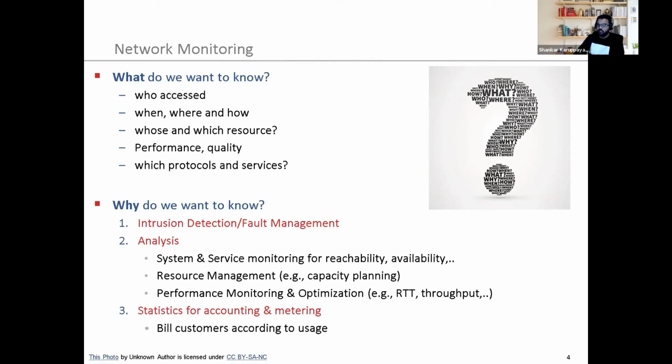So yes, we could also carry out fault management. And for number two, we are able to do analysis. And this analysis is in the form of system and service monitoring for reachability, availability, and so on. Being able to plan whether we should allocate more resources.